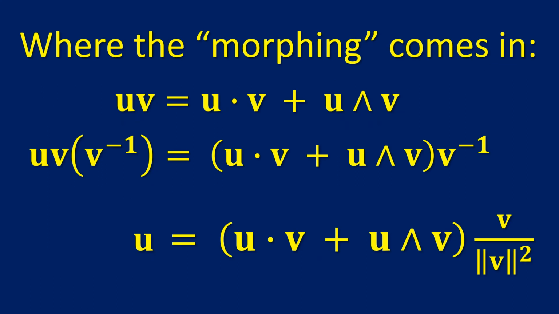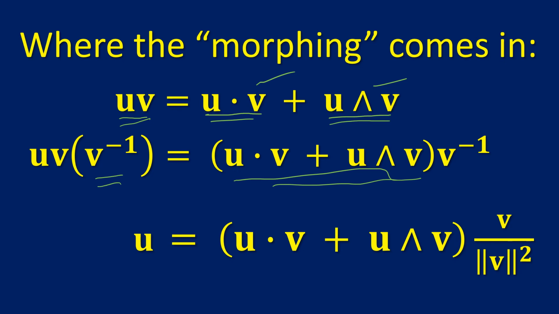What does that look like in practice? Well, this is where the morphing comes in, or where it's useful. Again, from givens and physical laws, we can find, or we will have found this scalar and this bivector, and their sum is u times v. We multiply it by the multiplicative inverse of v. And what's that look like on the right-hand side?